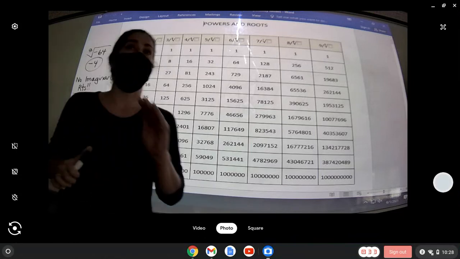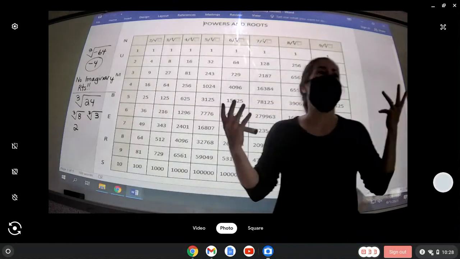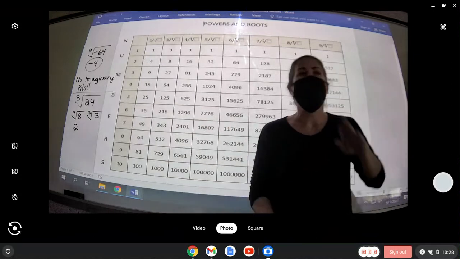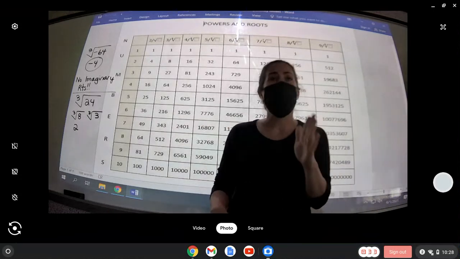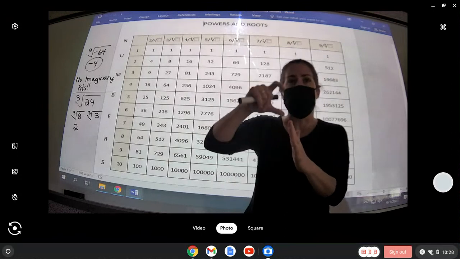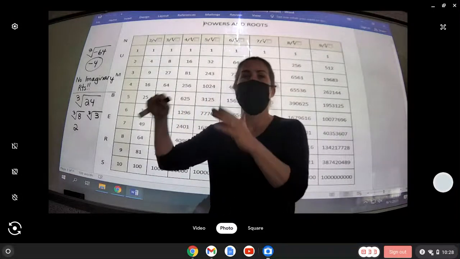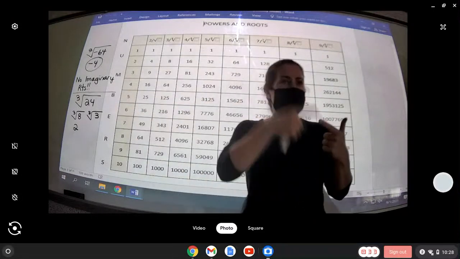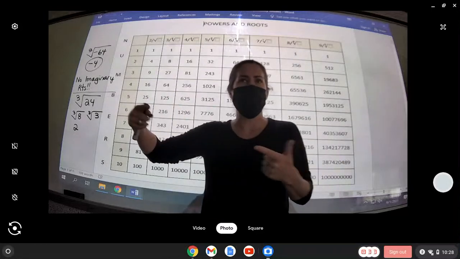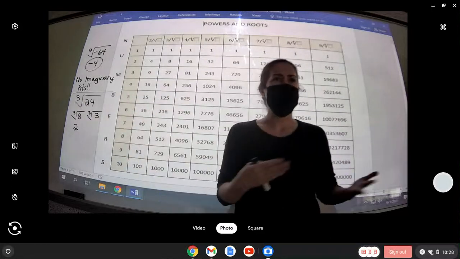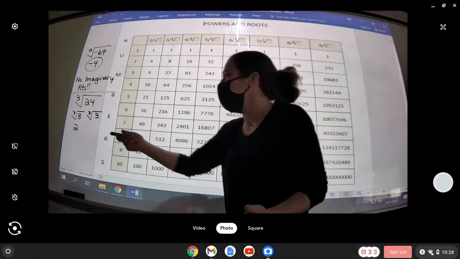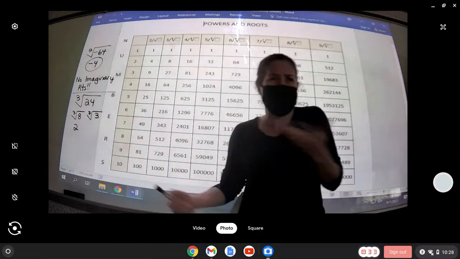I get it, guys. It looks very pretty. Most students are like, the third root of 3, it's 1, right? No, because the third root of 3 is saying what number times itself 3 times equaled 3? Does 1 times itself 3 times equal 3? No, 1 times itself 3 times is 1. So believe it or not, the third root of 3, guys, it's an ugly decimal.